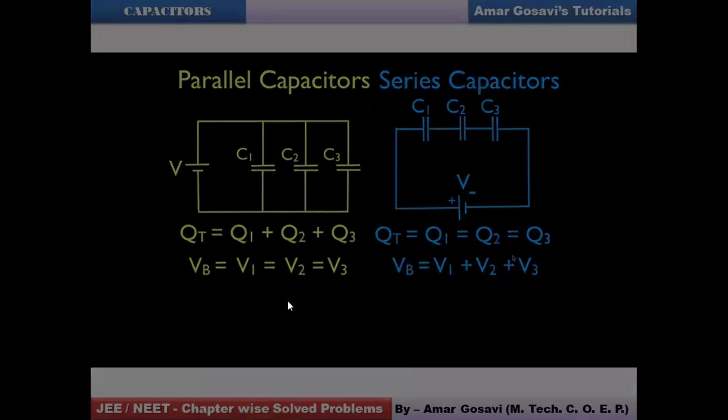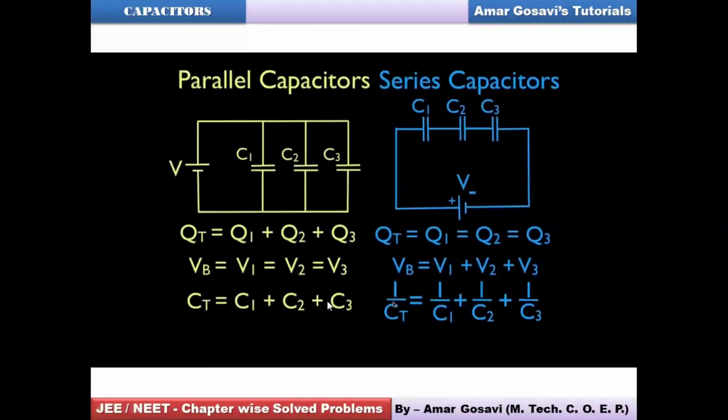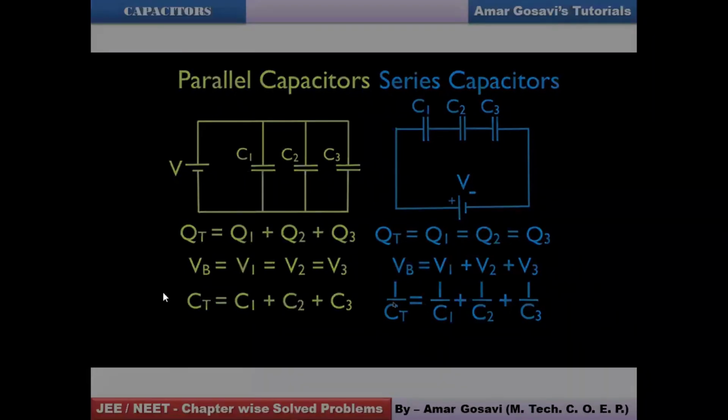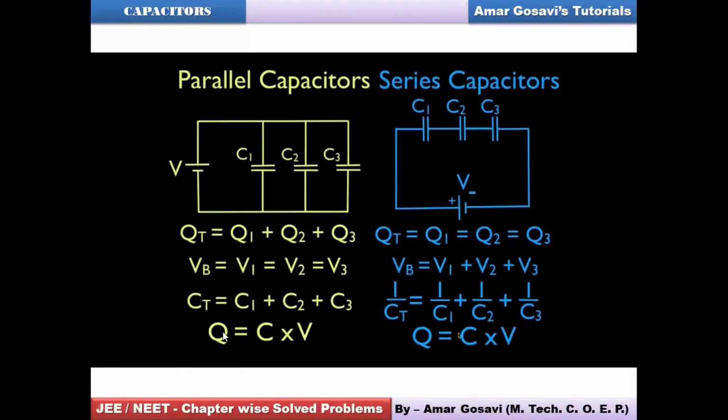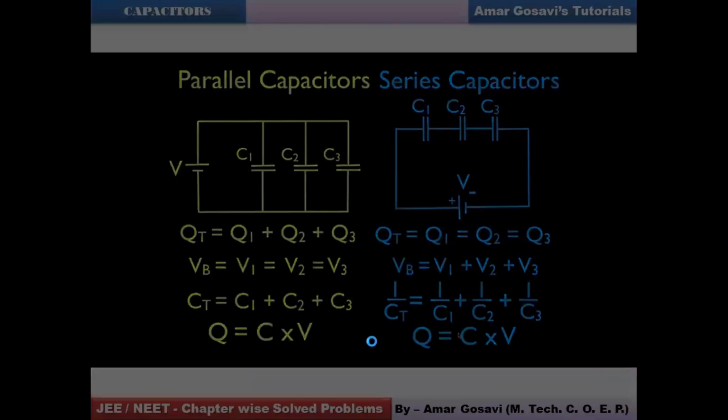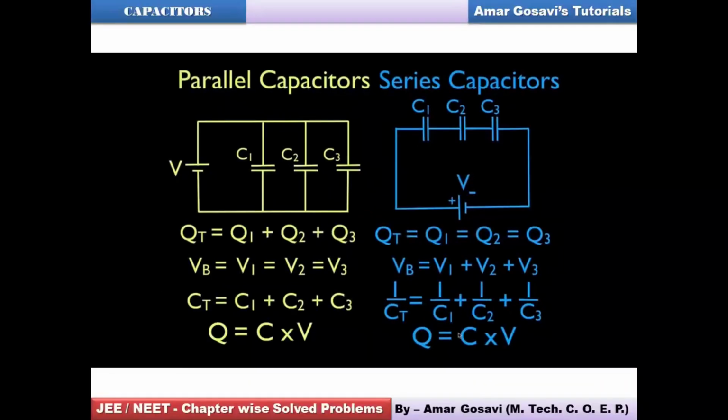If you want to increase the capacitance, connect them in parallel. If you want to decrease it, connect them in series. The same basic formula applies for both series and parallel: Q equals C into V. Please make a note of this slide before we move ahead towards a problem on a combination type of circuit.